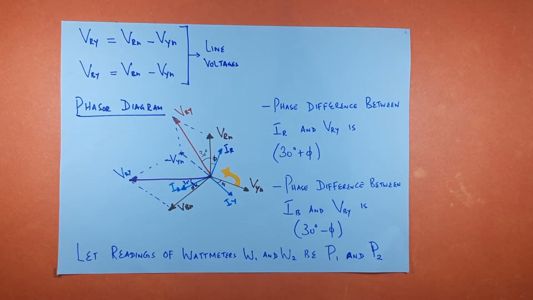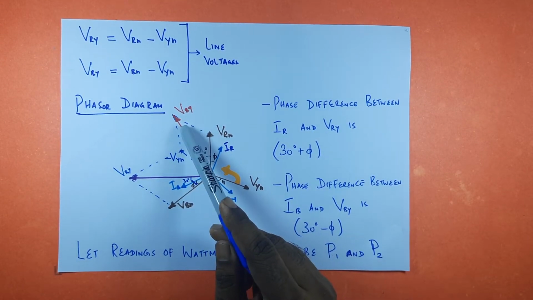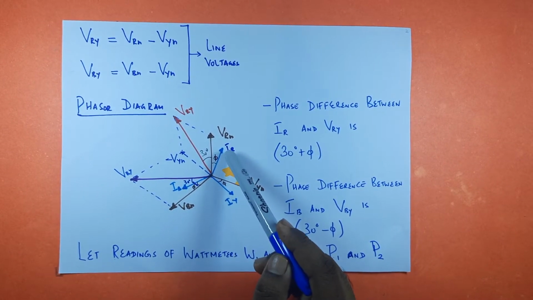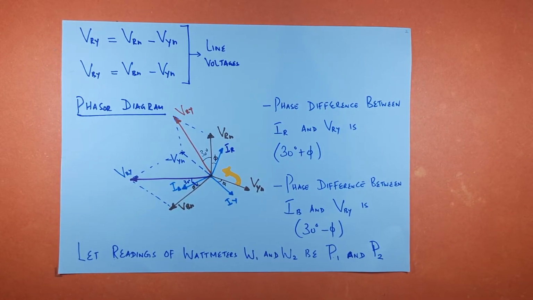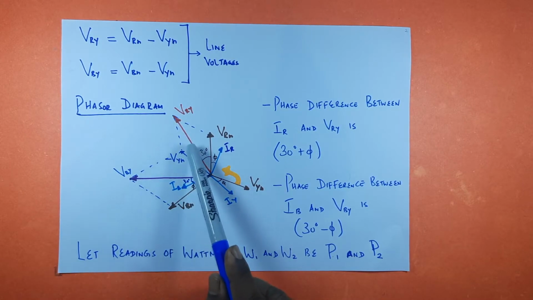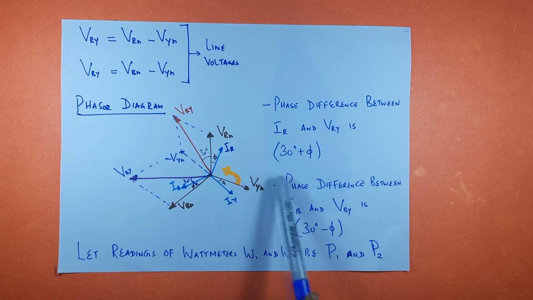So the phase difference between this line voltage and the line current. See, in star, the line current and phase current are both the same. So if you see the phase difference, the phase difference between IR and VRY is 30 plus phi.